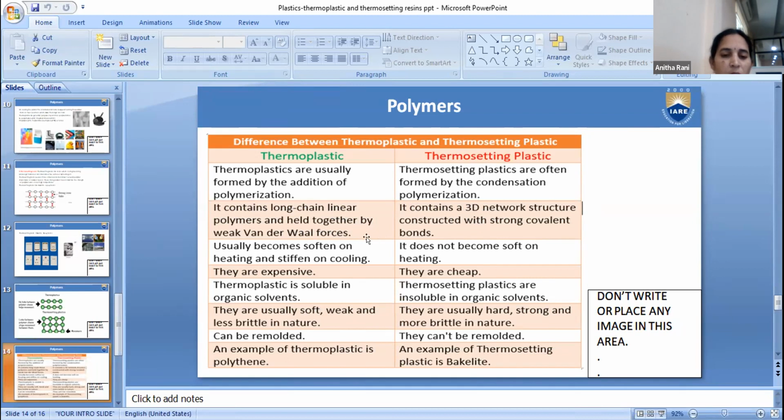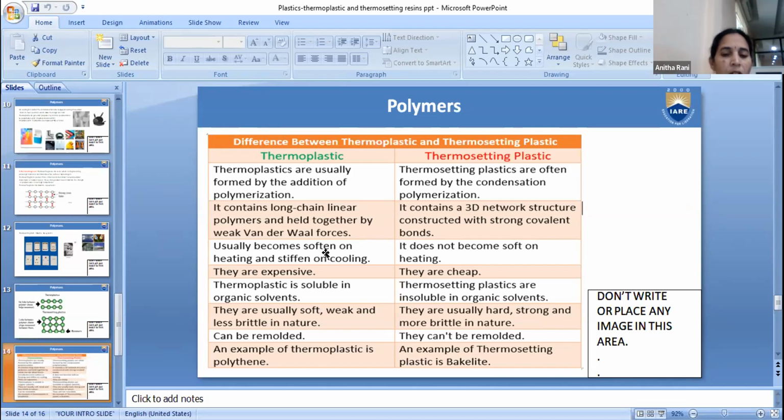Now, what is the third difference? Thermoplastic resins become soft on heating and hard on cooling.